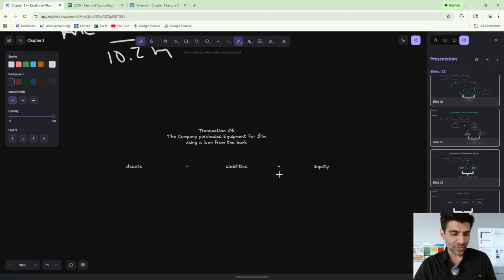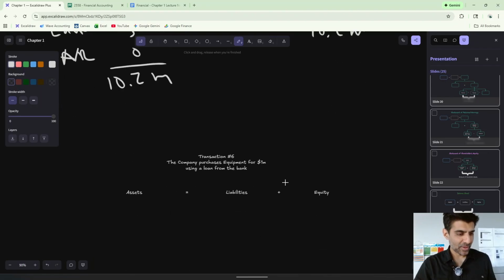Okay, so now the company purchases equipment using a loan from the bank. So now we're going to mix it up here. Okay? So we're going to get equipment, which is what? Is that on the left side or the right side? What is equipment? It's left side, it's an asset, right?